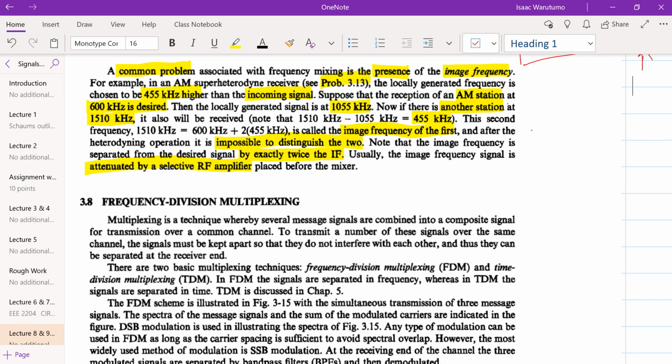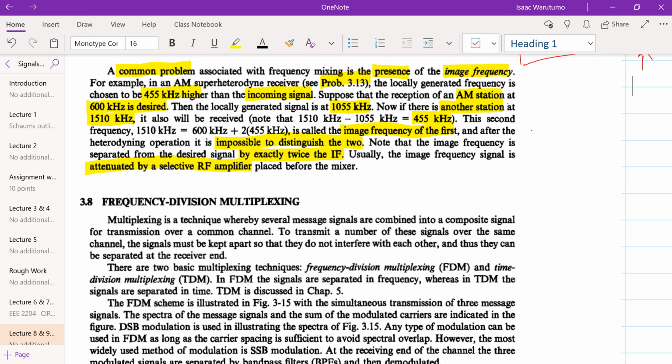We observe that in the operation of frequency mixing and heterodyning, a common problem is the presence of another image frequency. In problem 3.13, which we shall look at shortly, we desire that the locally generated frequency be 45 kilohertz higher than the incoming signal.